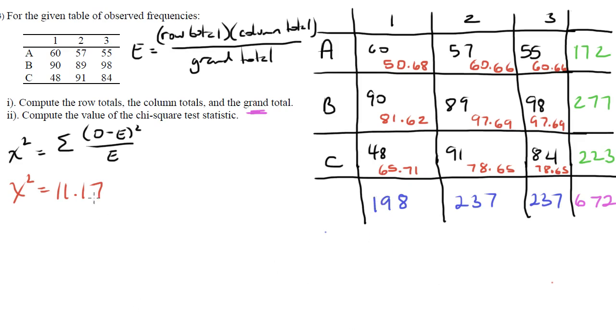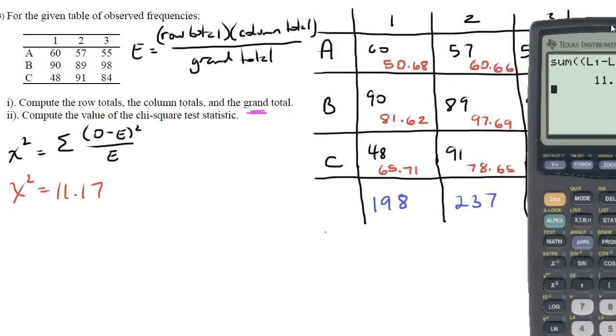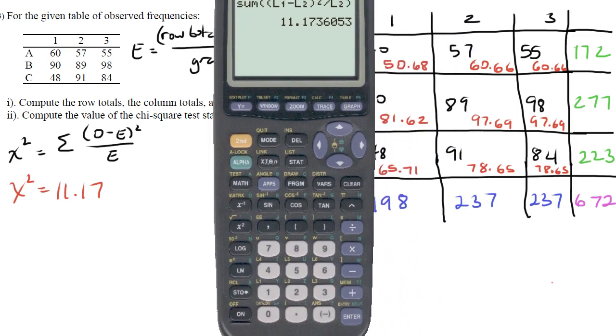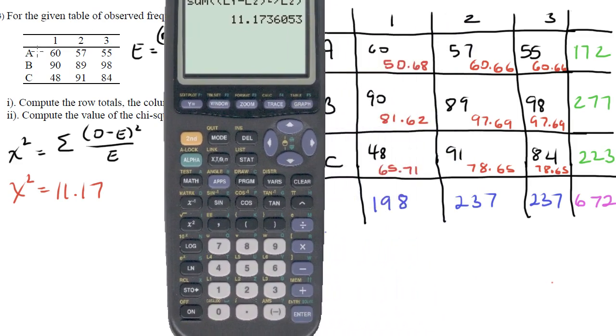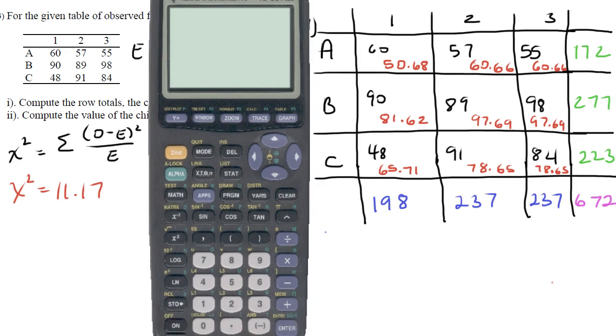Okay, so another way I can do that from the beginning, right? This is a way that I can get this 11.17 from the top without even doing all of this. So I'm working right here. Just zoom in with me right here. Let me clear all this. So what I want to do is enter this contingency table as a matrix.